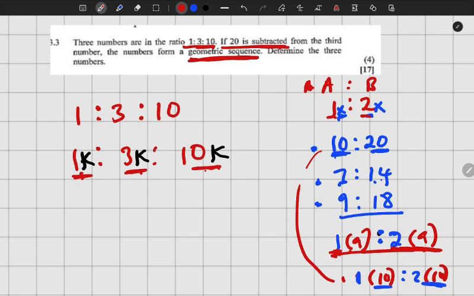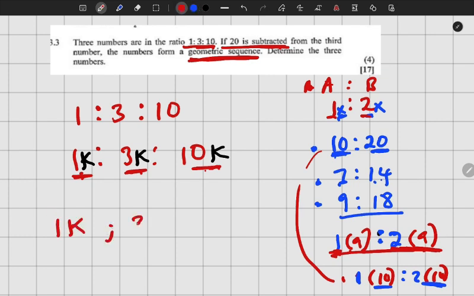So what they're saying now is if we subtract 20 from that number, then we get a geometric sequence. So we have 1k, and we subtract 20 on the last one, so on the third number. Meaning that what we end up having is a geometric sequence.